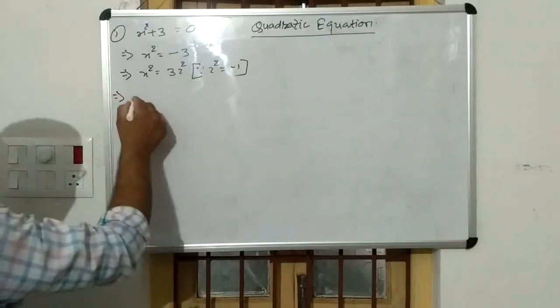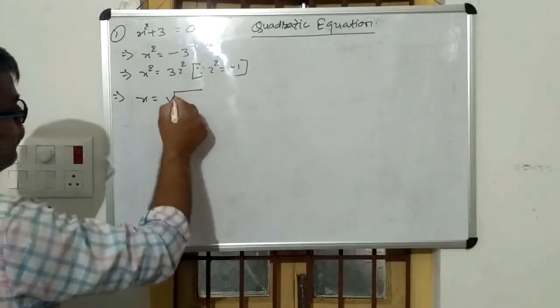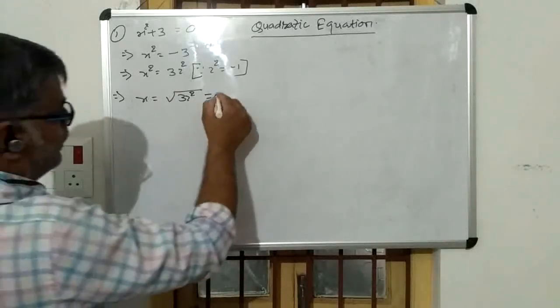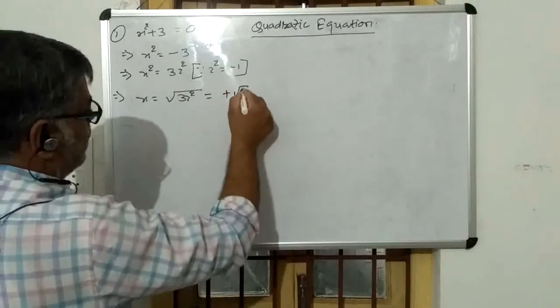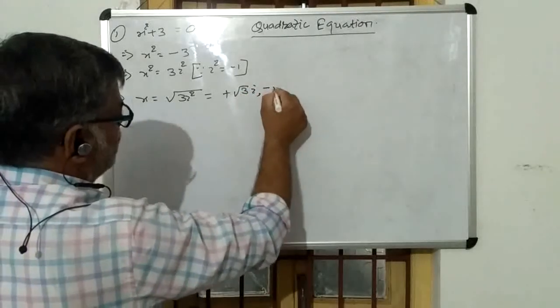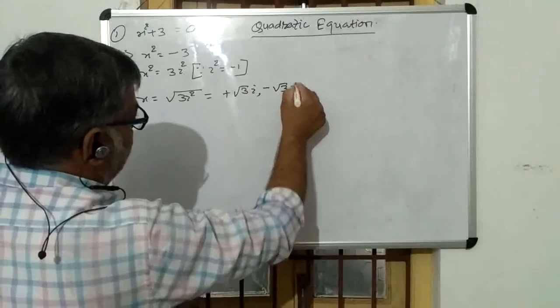So now you have x equals to under root 3i square, whose square root will be plus root under 3i and minus root under 3i.